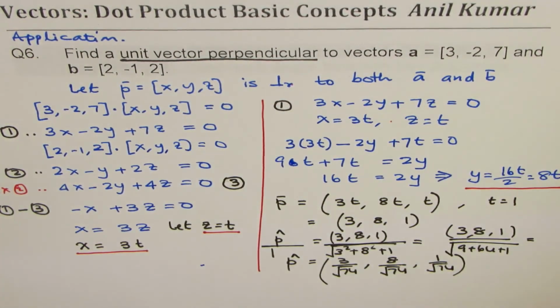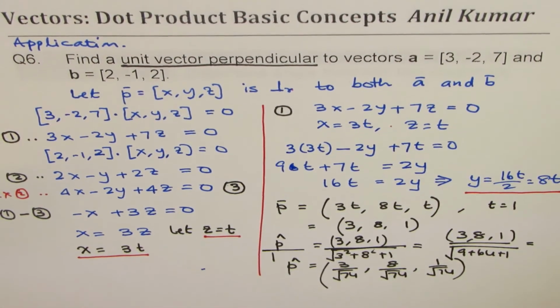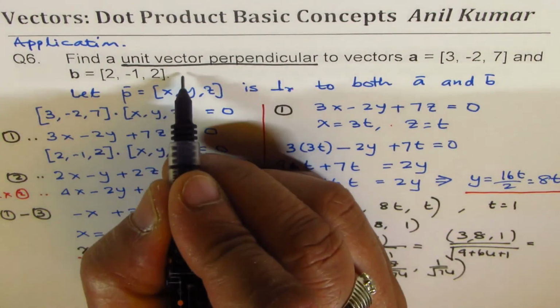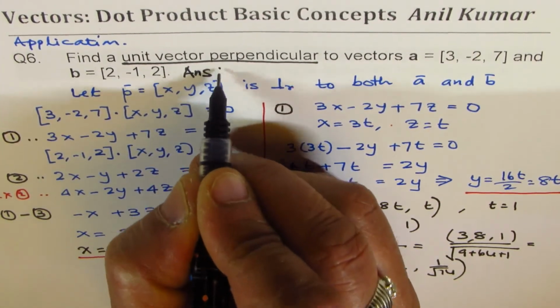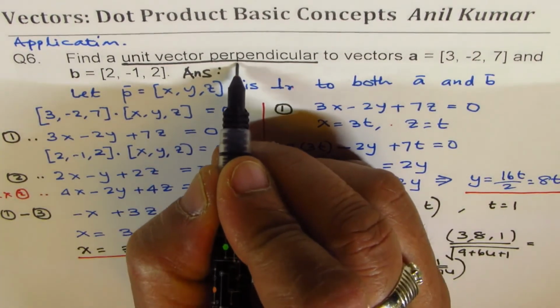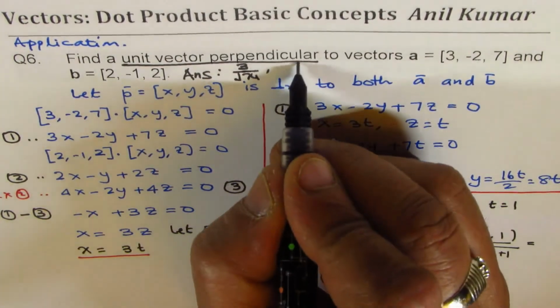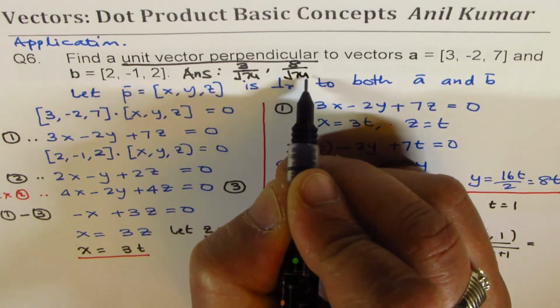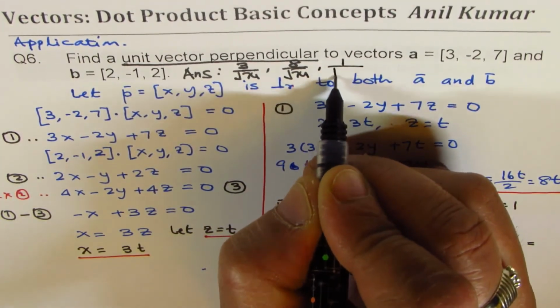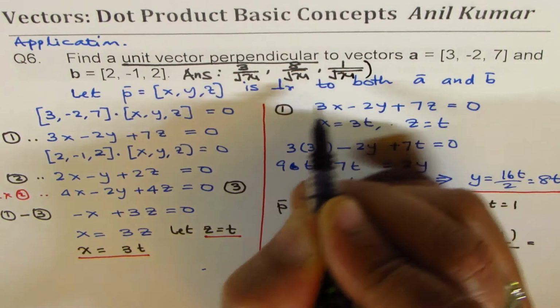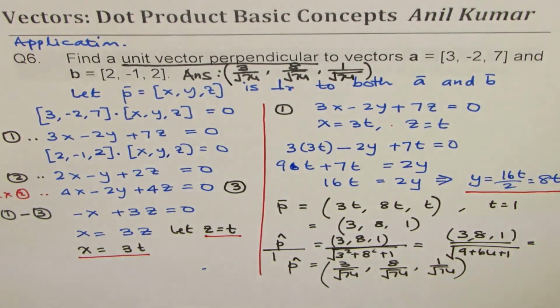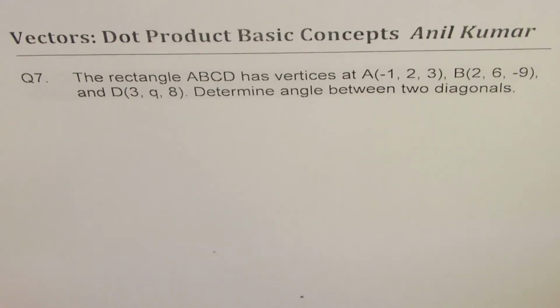So our answer is 3 over square root 74, 8 over square root 74, and 1 over square root 74. So that is the unit vector which is going to be perpendicular to both the given vectors.